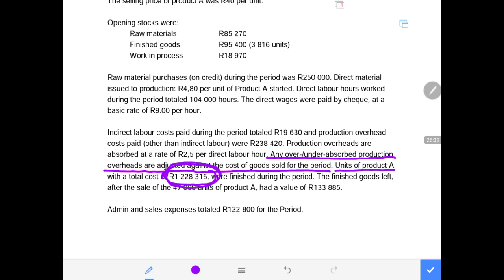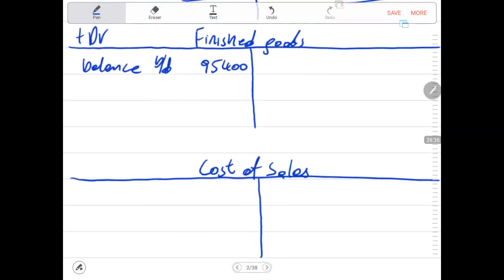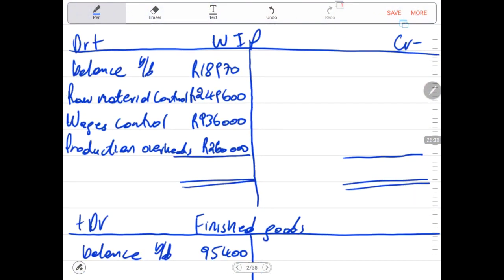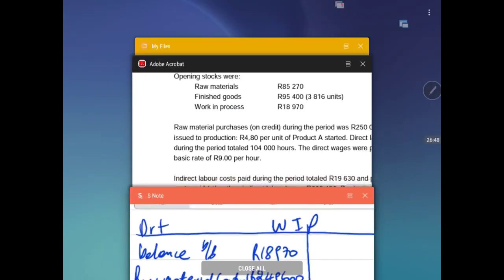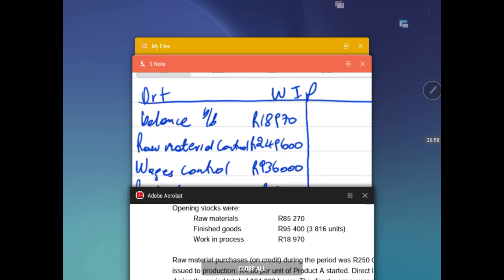So now in other words, if we then come to our ledger account of the work in progress, we need to say the portion which is 1,228,315. Just verify it was 1,228,315.